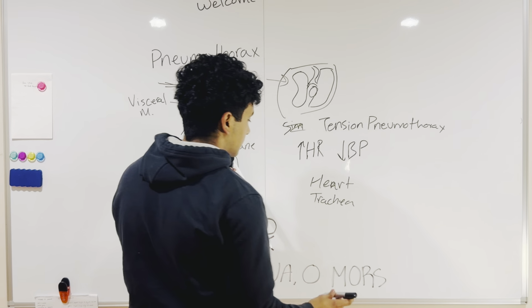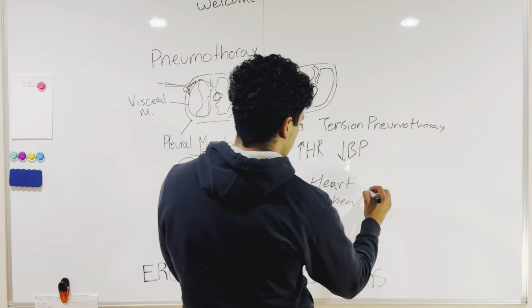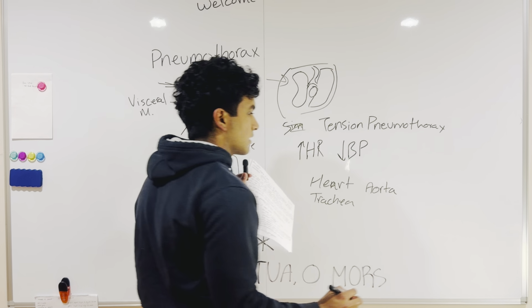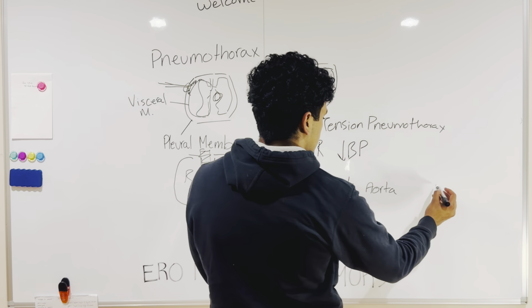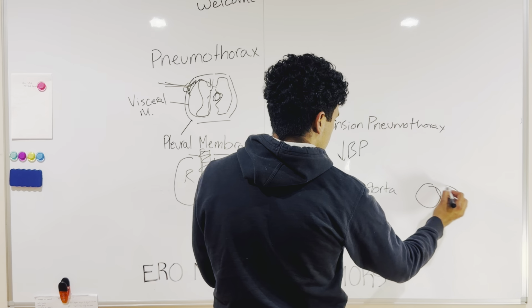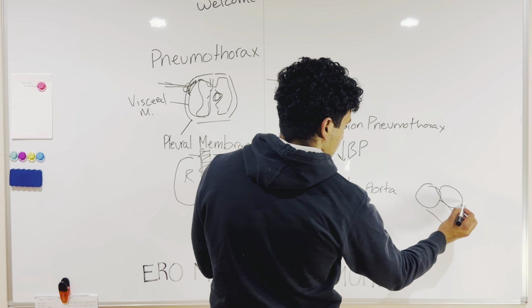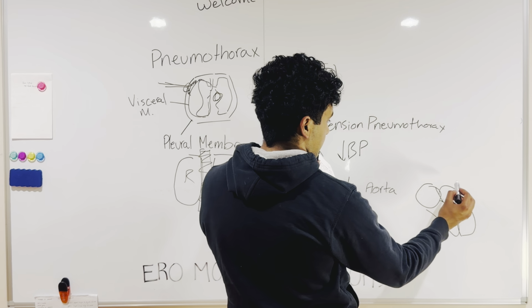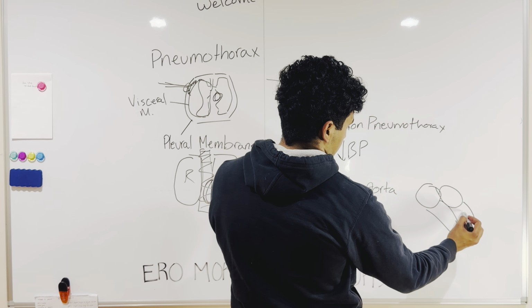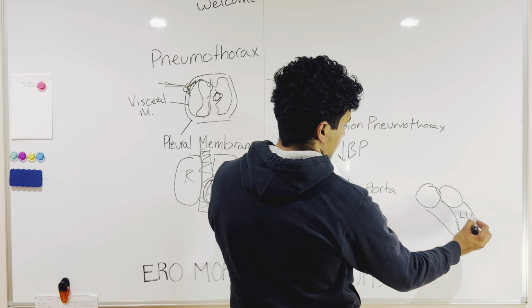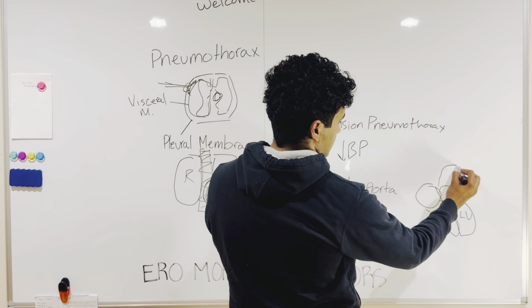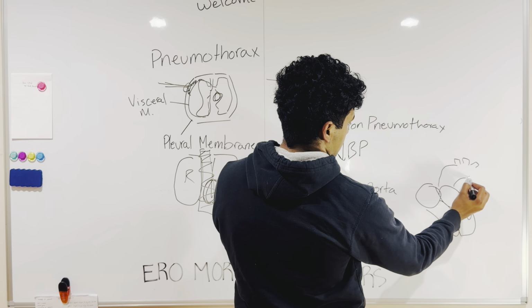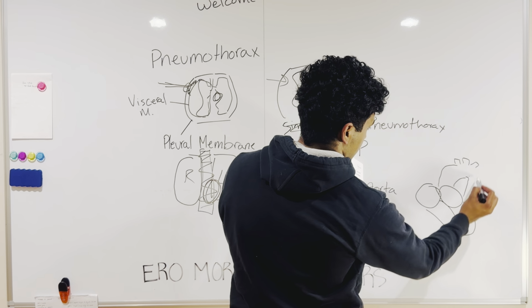You're gonna have the aorta, which is the main large blood vessel coming out of the top of the heart. And if you remember from anatomy, your heart kind of looks like this, something like that. And then you have this aorta coming from the left ventricle, and it sort of comes around up here, and we have this thing called the aortic arch, and it sort of comes around and it goes down behind.